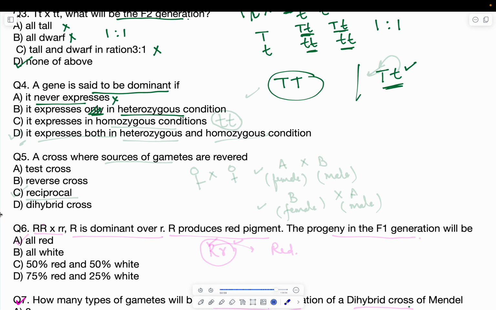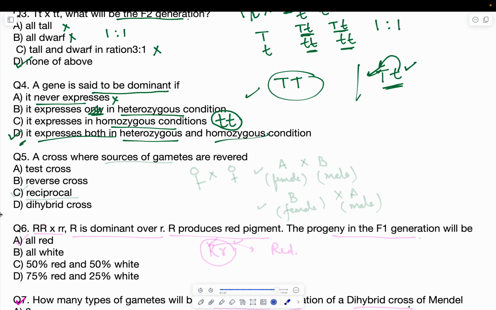It also expresses in homozygous condition. Recessive alleles are able to express only in homozygous condition; they are not able to express along with the dominant allele. So a gene is said to be dominant if it expresses both in heterozygous and homozygous condition. So the answer is D.